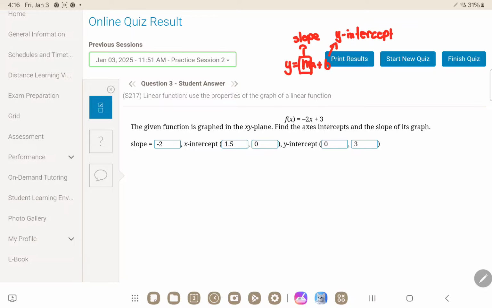So they want us to find the slope. We said m is always the slope, so the thing before x is the slope, so it's negative 2.